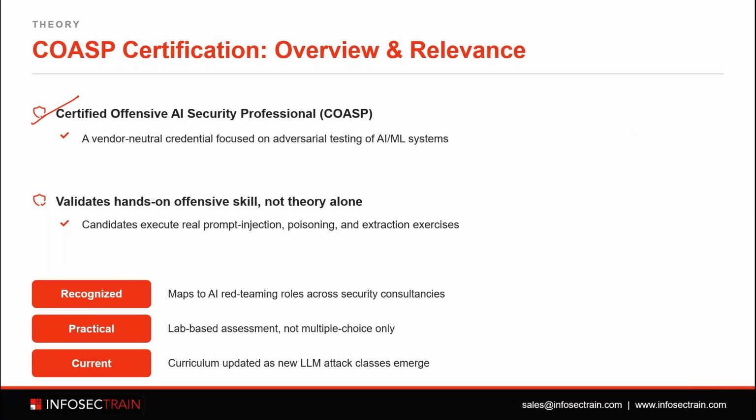And it is the world's first credential focused exclusively on offensive AI security and red teaming. So it validates your ability to ethically attack AI systems like your agents, your LLMs, your pipelines, and prove defenses against real world adversarial threats. Right now, the focus here will be on offensive AI security, adversarial testing, and red teaming of LLMs and agentic AI.